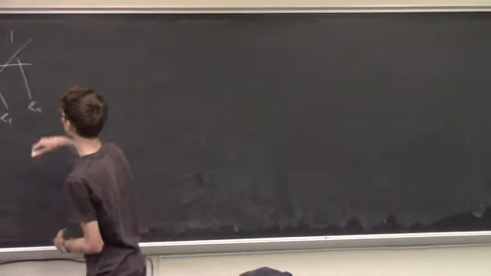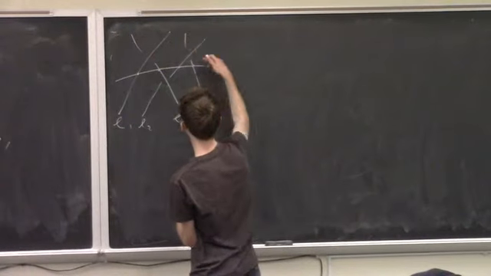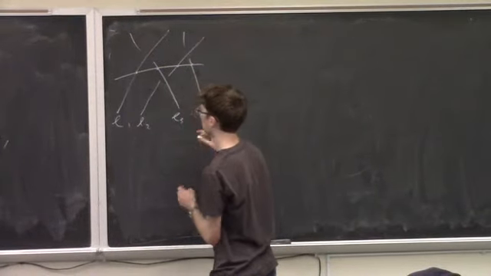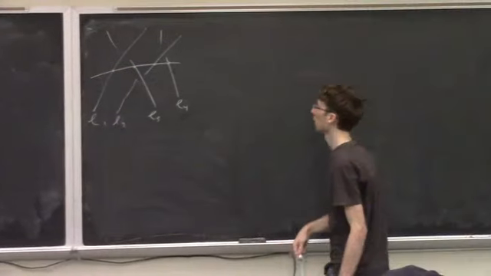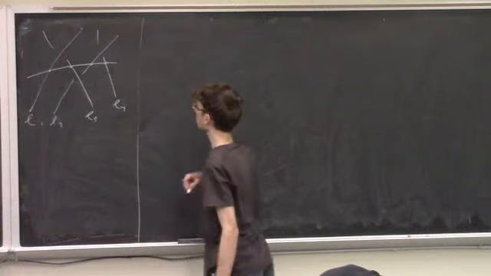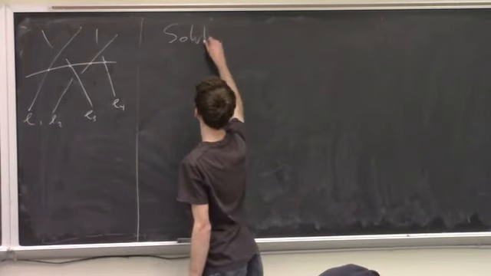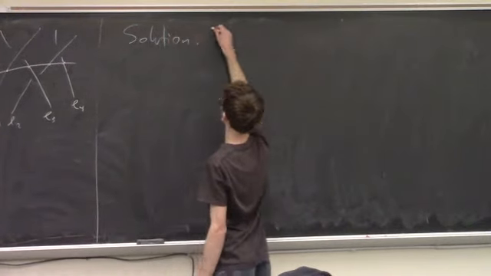And it turns out if you impose the condition that it passes through 2 more lines, you only get finitely many solutions. And here the solution, and let me explain why, is 2.